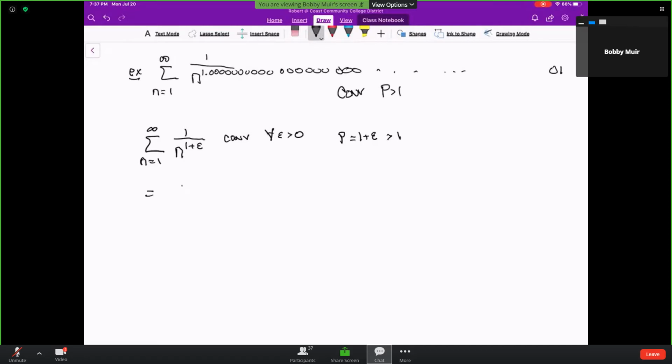Now if I start to monkey around with this sum, just using the rules of algebra, n times n to the epsilon. Now this epsilon is supposed to be a really small number. So if epsilon is a half, it's going to be n times the square root of n, if epsilon is 1/3, and so on.